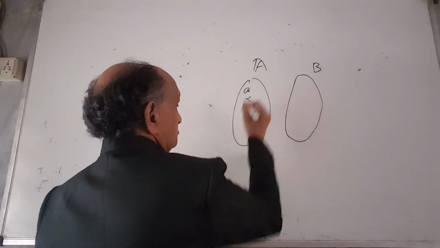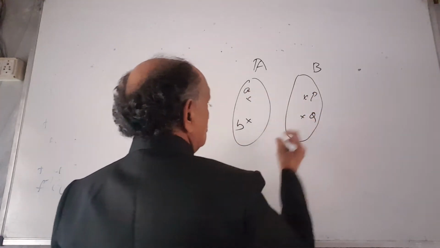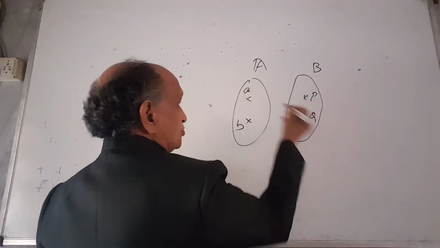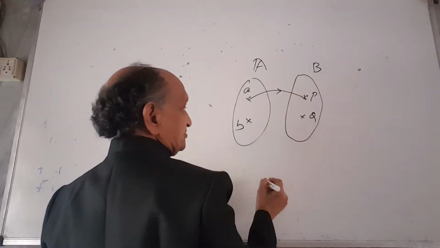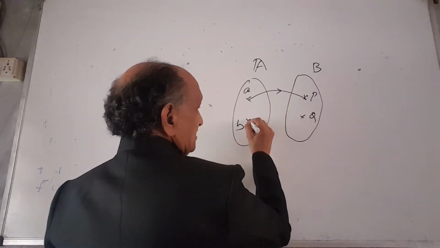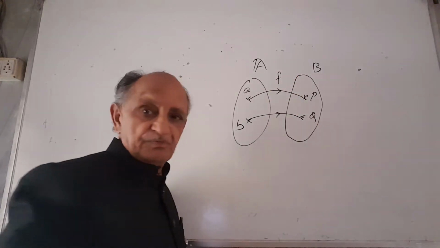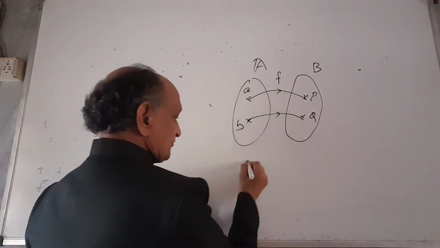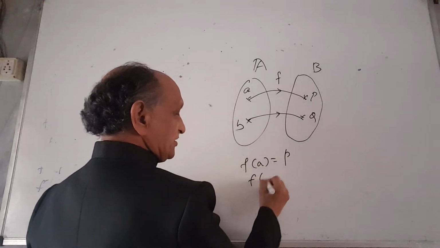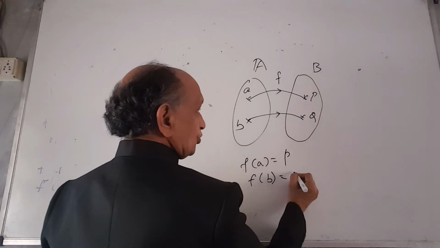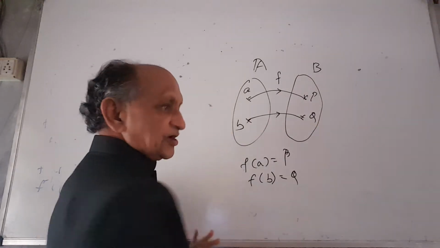A, B, P, Q, by some rule, as a function, A is associated with this, B is associated with this. That is, f of A is equal to P, f of B is equal to Q, and this is a function.